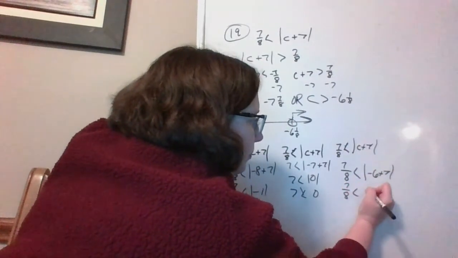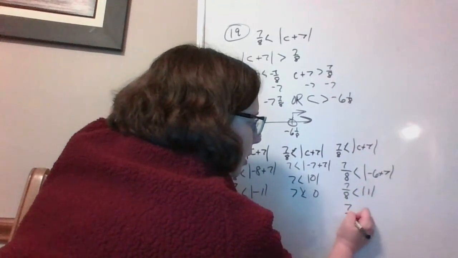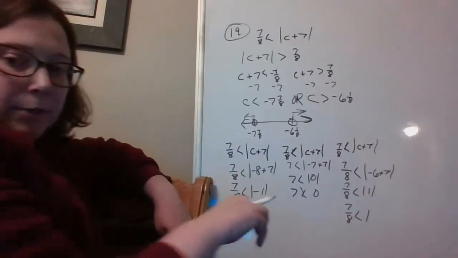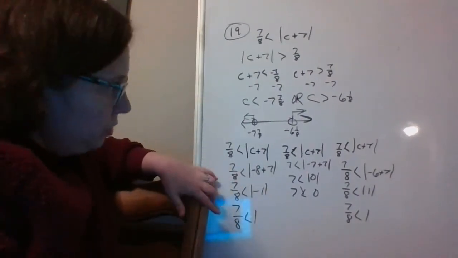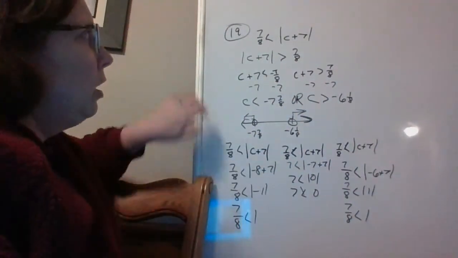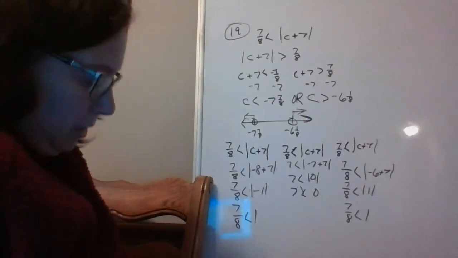And we get 7/8 is less than 1. Oddly, the same thing I got over here. And that is also true, which it should be because it's in the land where it should be true. So this is your solution for number 19.